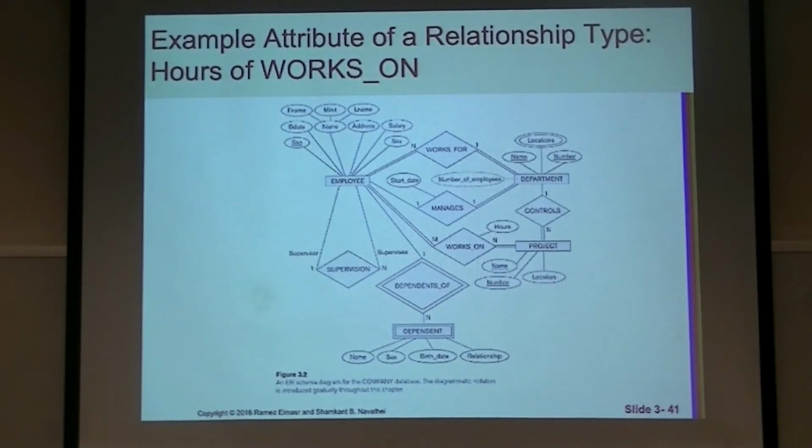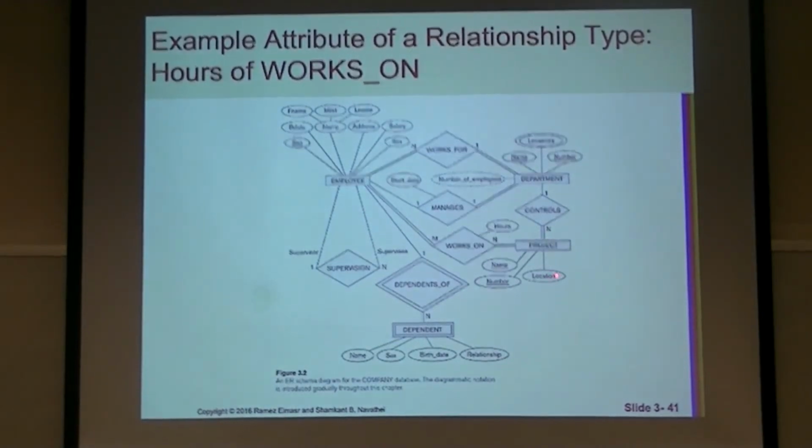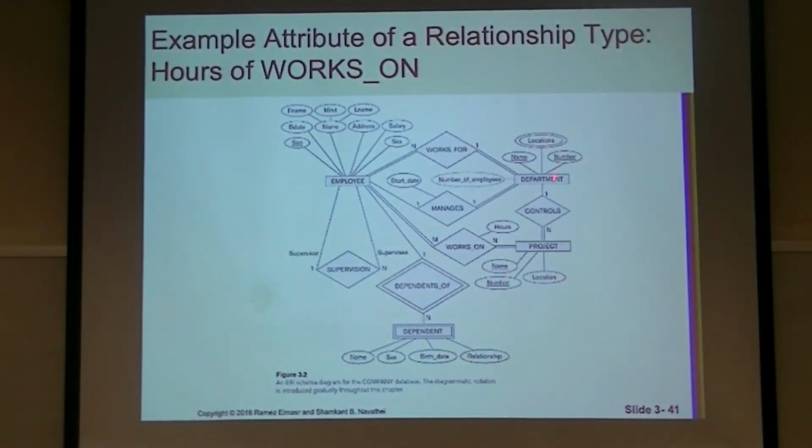The third one: if you take a look at the locations of the department, it's different from the location in project. What is the difference? It's plural, while this is singular. If you take a look at the description of the company database, it clearly mentions a number of locations, but for the project, it's just a single location. We will see later.